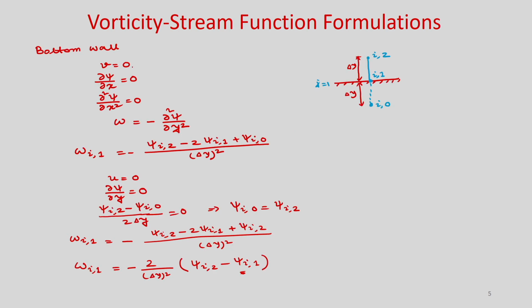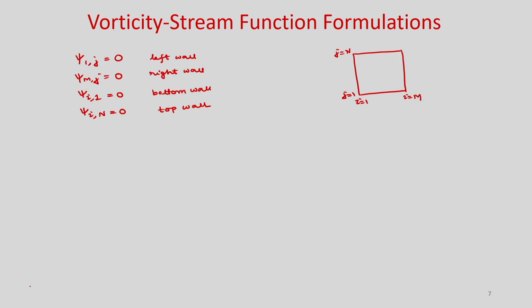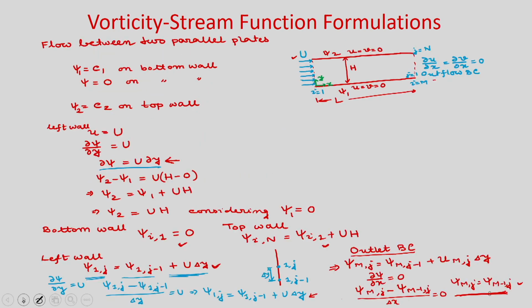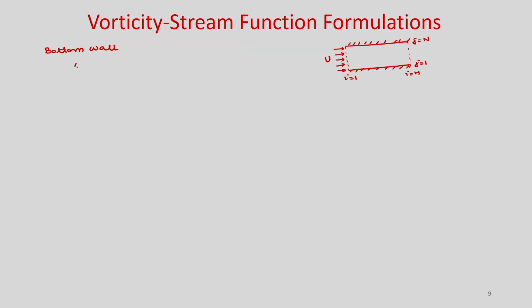So, bottom wall obviously the no slip condition. So, B will be 0. So, this equation you can write. Omega i 1, sorry, it is bottom. So, bottom wall will be omega, so j is equal to 1.